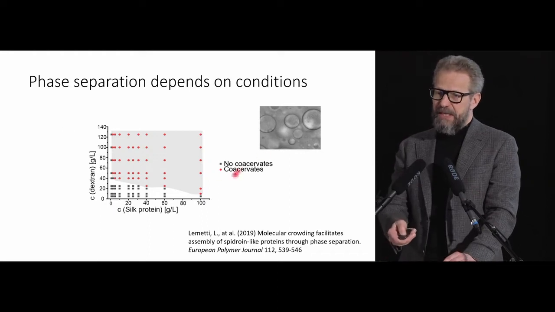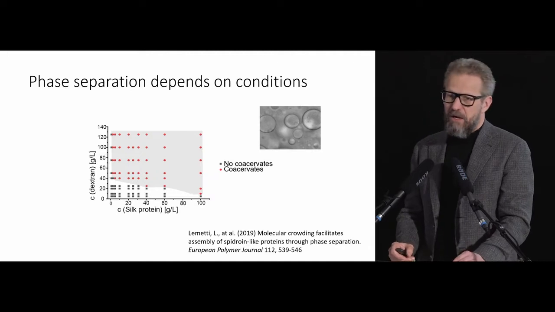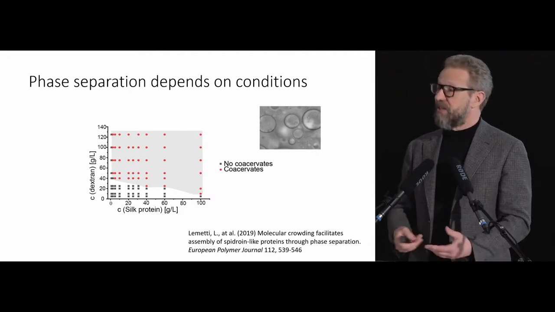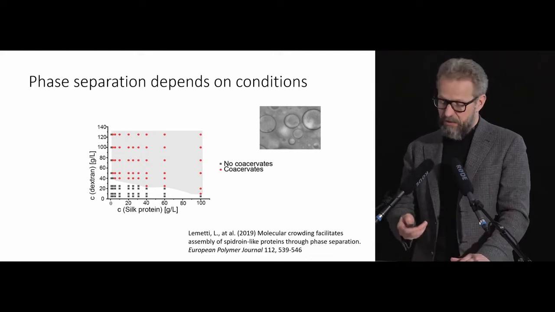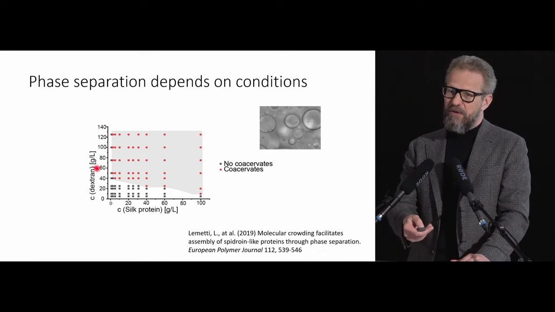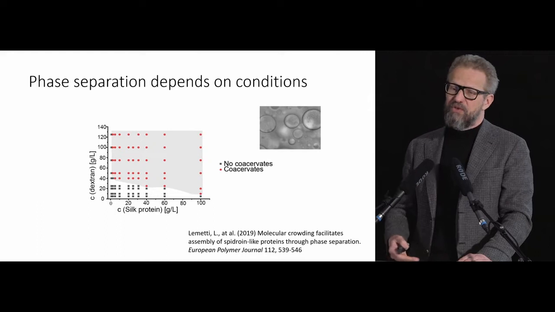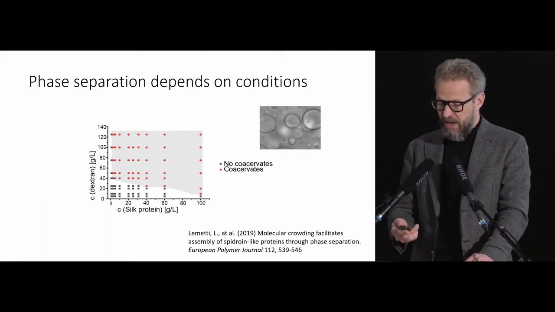And then you'll see here in concentration, going above about 100 grams per liter, it will form just spontaneously without any crowding system. The other things that you can do instead of crowding with the dextran could be a change of pH, adding salt, or something like that, that would drive these proteins together.